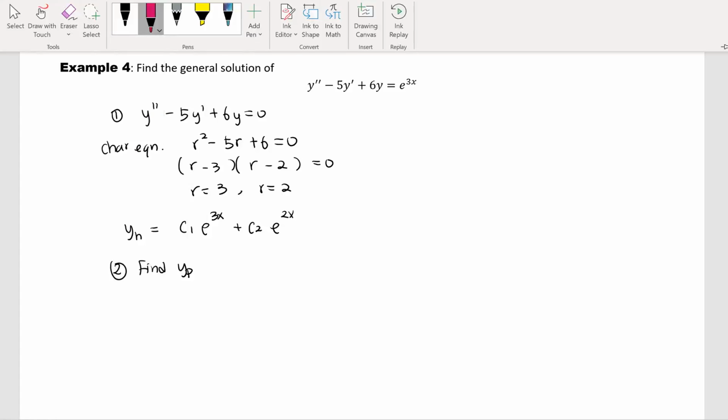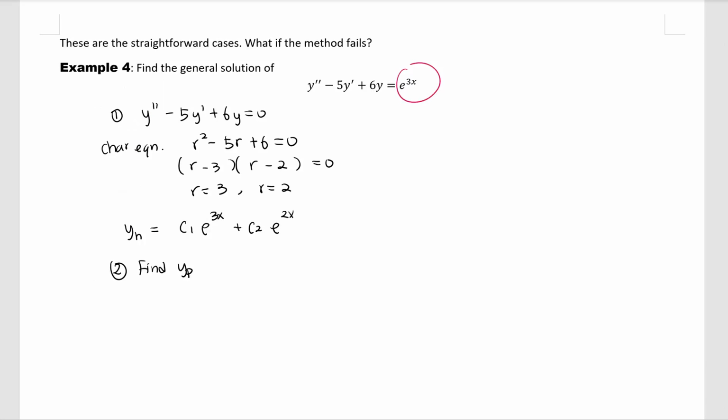Okay, so second step, when we want to find yp, we look at our right-hand side. This guy corresponds to r equals 3, right? And what's the general form for it? It should be a e to the 3x, right, everybody?